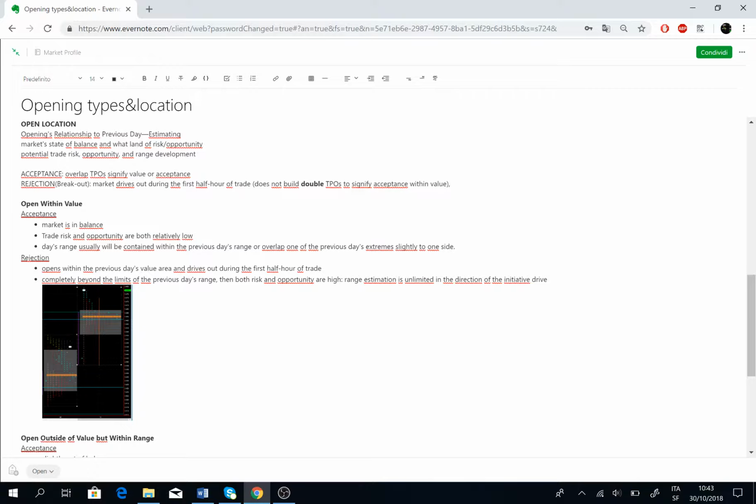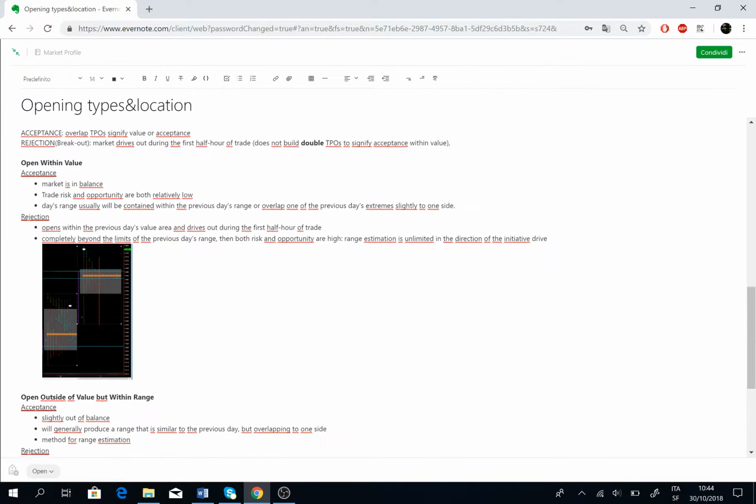There is not so much activity, and the value that we established the previous day is accepted by the market participants. The day's range usually will be contained within the previous day's range or overlap one of the previous day's extremes slightly to one side. Okay, this is very important.